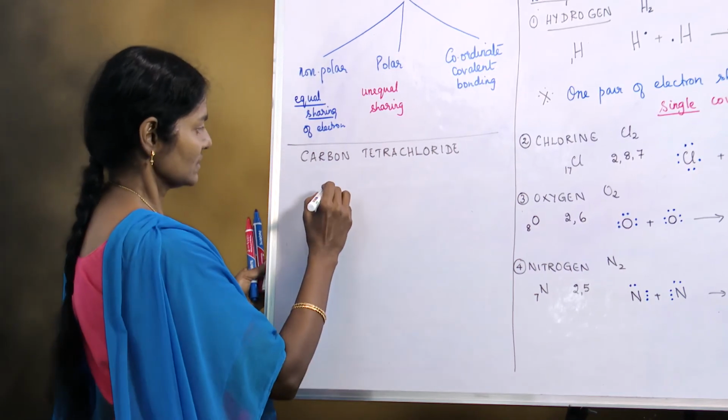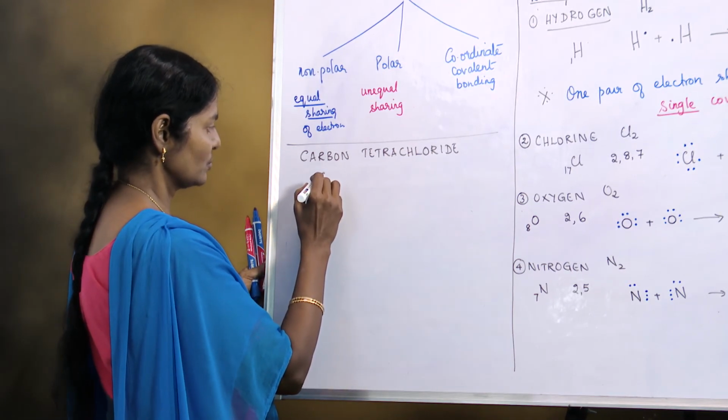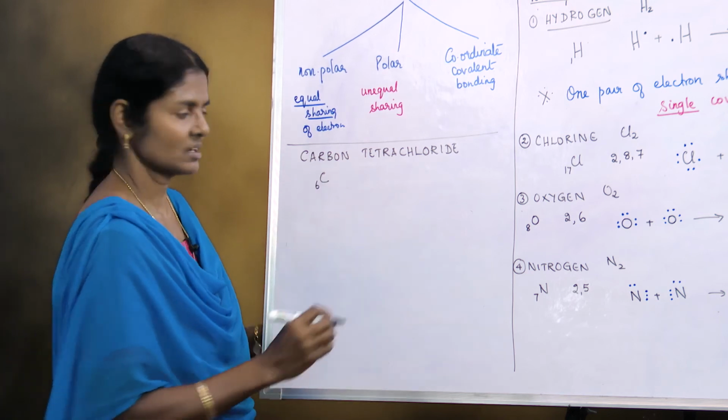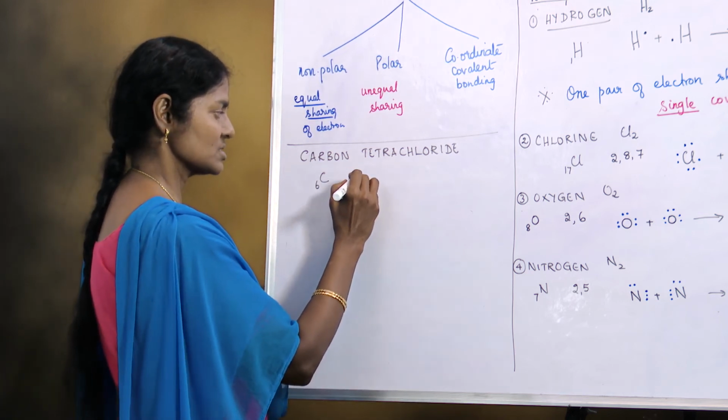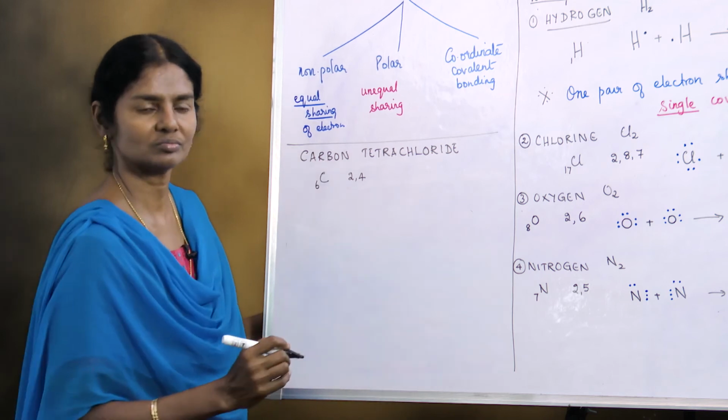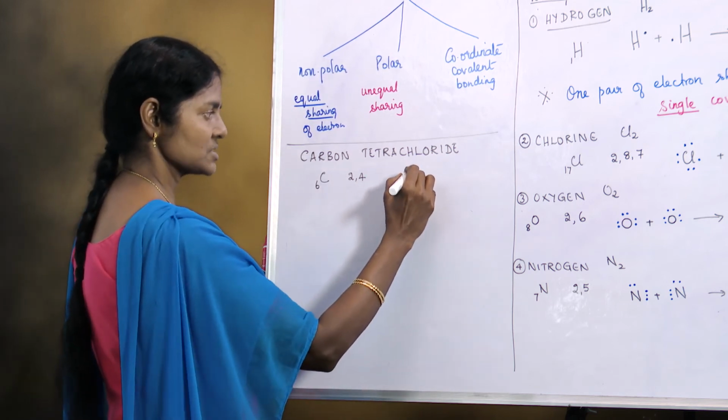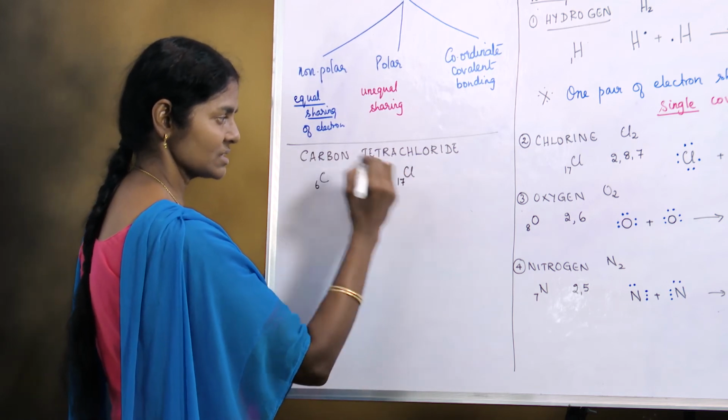Now let us take carbon with atomic number 6, which means electronic configuration is 2, 4. Let us take chlorine atom with atomic number 17.